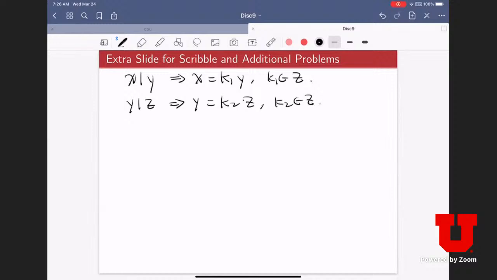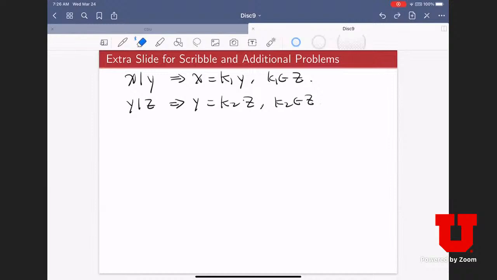Oh, I think I just wrote this backwards.